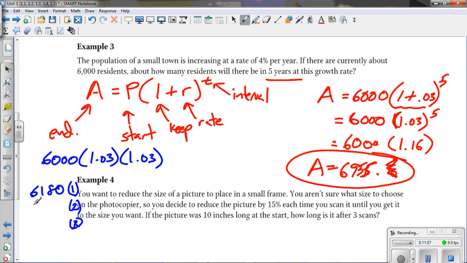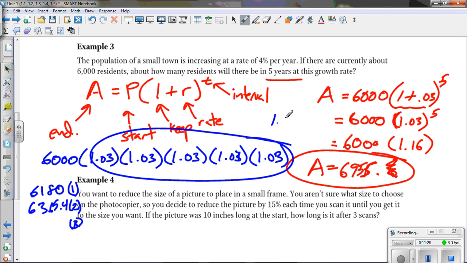And now we get 6,365.4. Then we take that year and we multiply it again. So notice I'm just repeating this. As 5 years go on, this is what it looks like. So instead of showing the repeated multiplication, we can simplify all of this as this value here. And that's what we call exponents, repeated multiplication. And then this number grows, grows, grows until we get to 6,955. Okay, so those are the different elements that we want to do for this lesson.